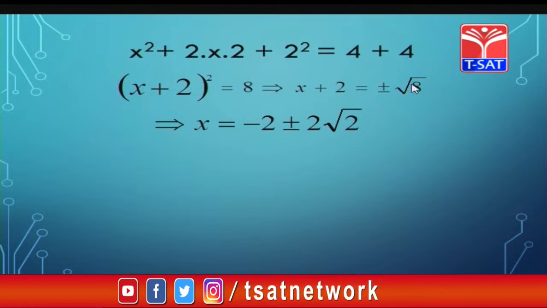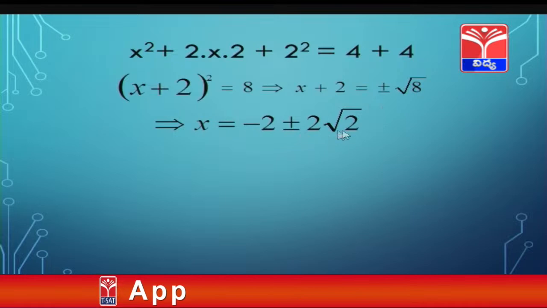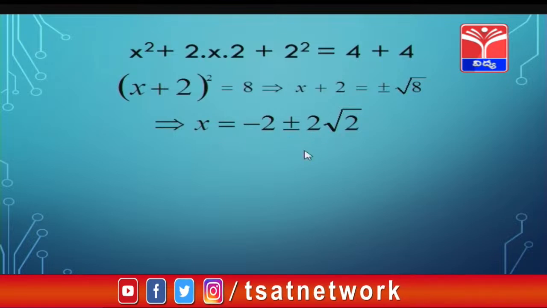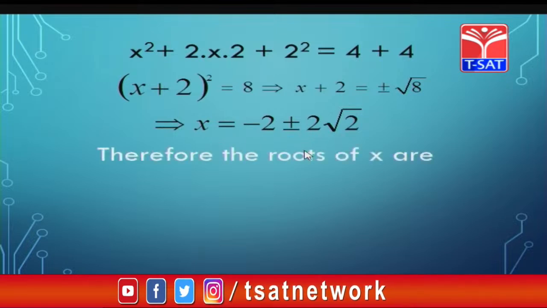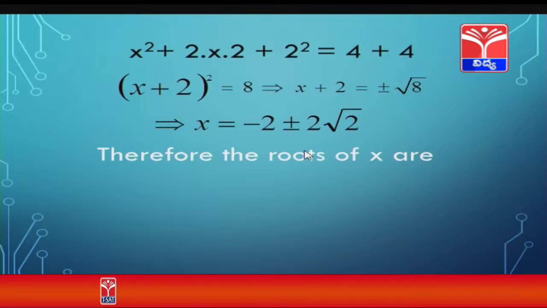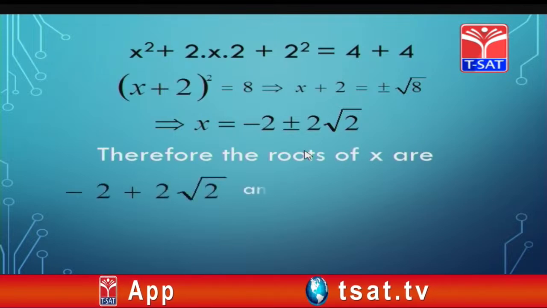We know under root 8 is equal to 2 root 2, and after transposing plus 2 to the RHS, I get minus 2. Therefore, we can say that the roots of x are minus 2 plus 2 root 2 and minus 2 minus 2 root 2.